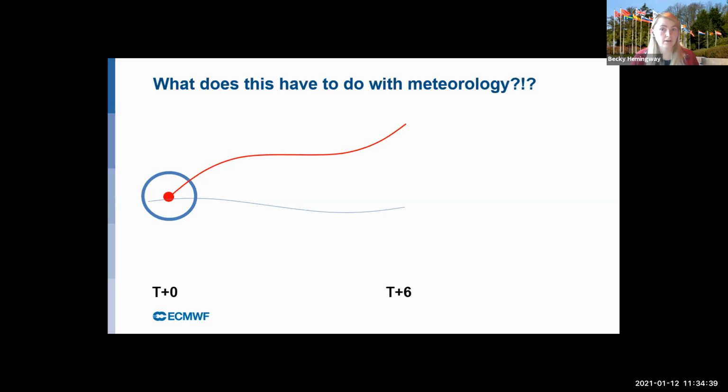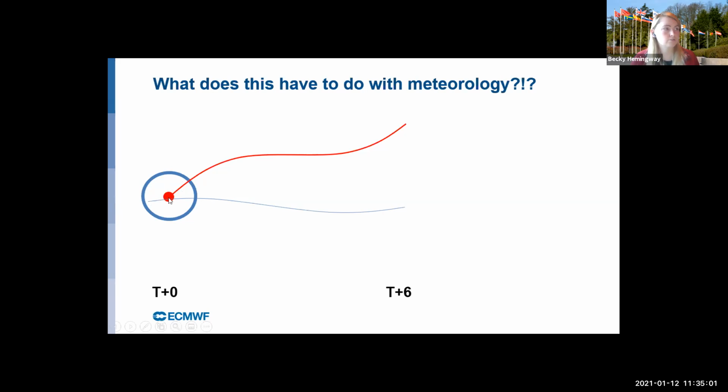This is how all ensembles work. You do a small perturbation at the start, and then you run the model again with that perturbation. Because we've done a slight adjustment, all the physics, biology, chemistry in the atmosphere, all the equations that we do, are slightly different. So you'll end up with a slightly different result.